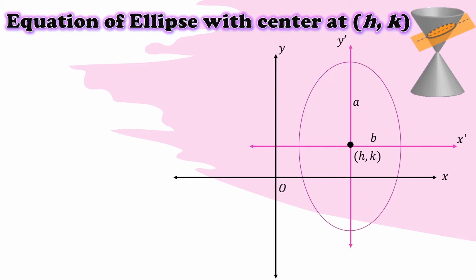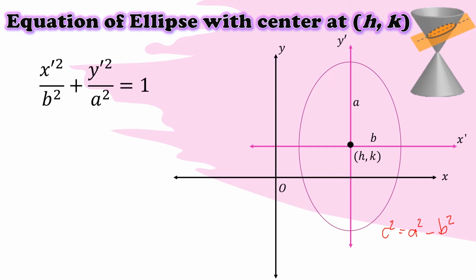Still, the relationship between a, b, and c is c squared is equal to a squared minus b squared, where c is the focal distance, and the equation of the ellipse is x prime squared over b squared plus y prime squared over a squared equals 1.